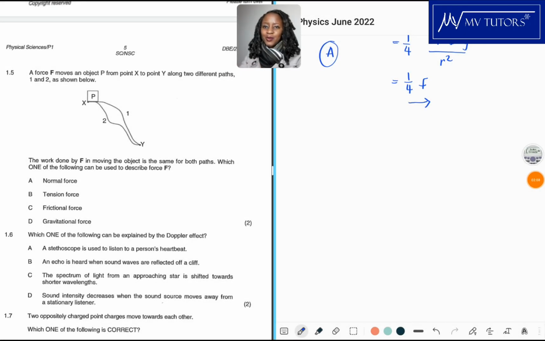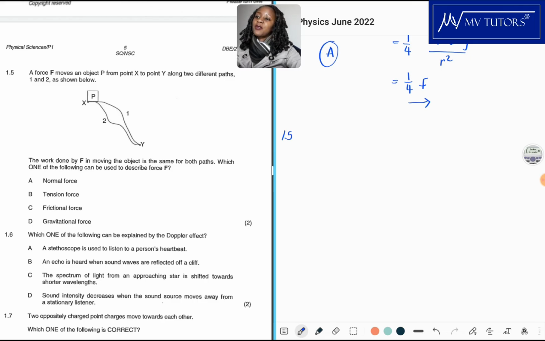All right, let's move on to question 1.5. It says a force F moves an object P from point X to point Y along two different paths, 1 and 2, as shown below. The work done by F in moving the object is the same for both paths. Which one of the following can be used to describe F?